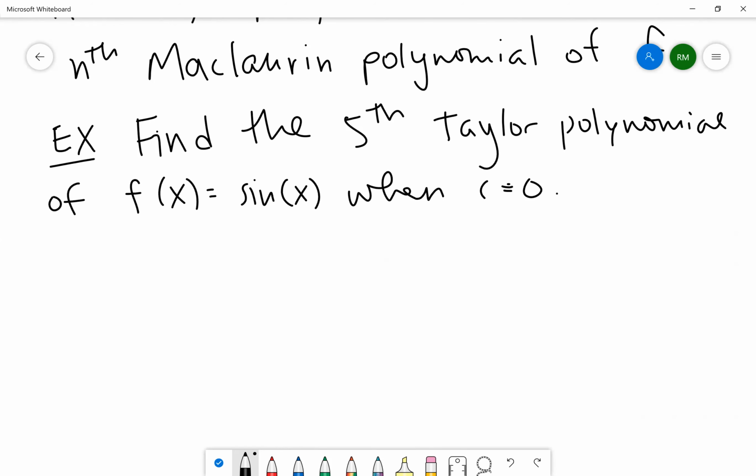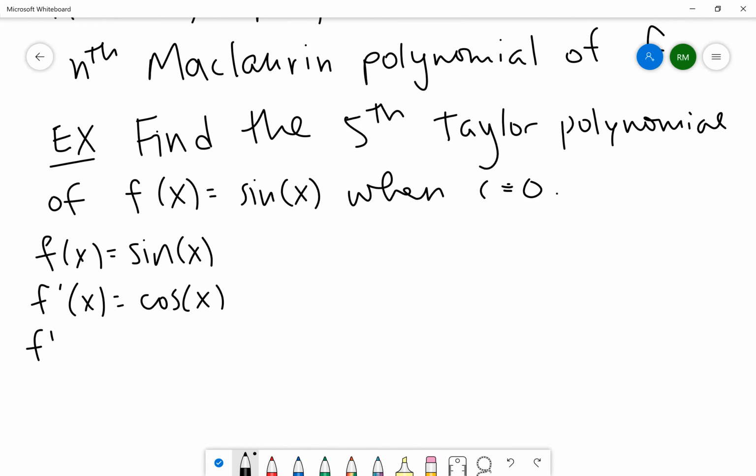So this is actually a Maclaurin polynomial. Okay, so I need to find the first 5 derivatives of my function. So f of x is sine of x. That's easy. The derivative is the cosine. The second derivative is the negative sine.